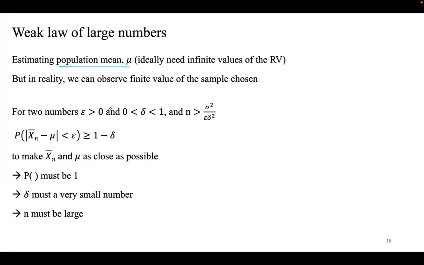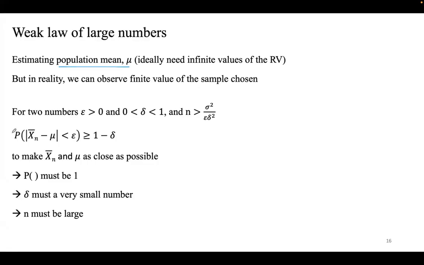So what becomes here? Another thing that people have seen here is, for epsilon greater than 0, and delta is another small value. Just like epsilon is a small value that we are using to compare the difference here, delta is another small value that we are using to estimate the probability.